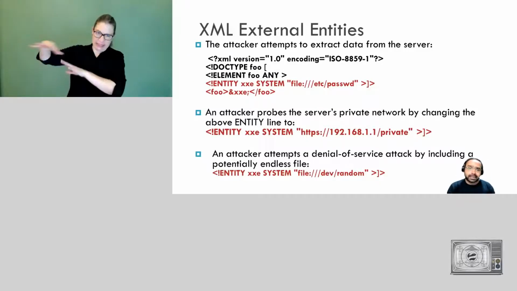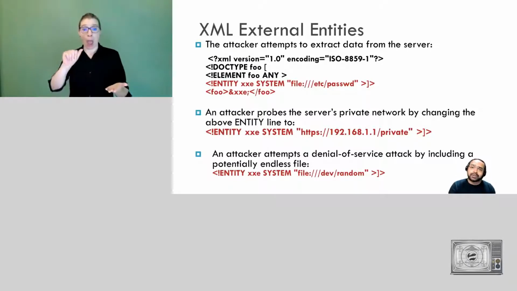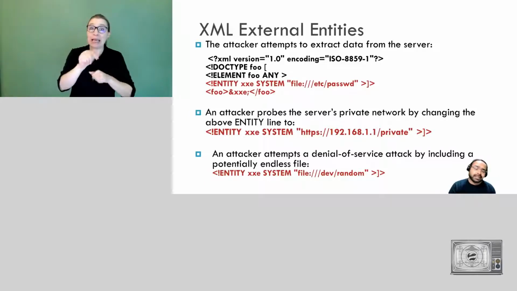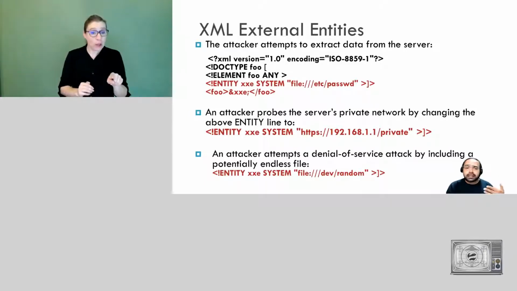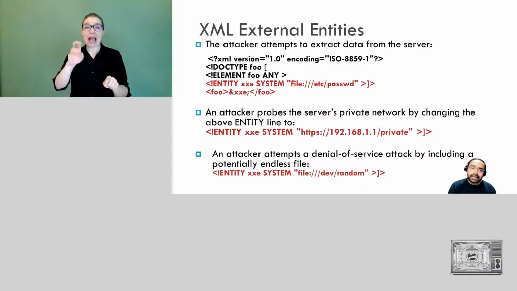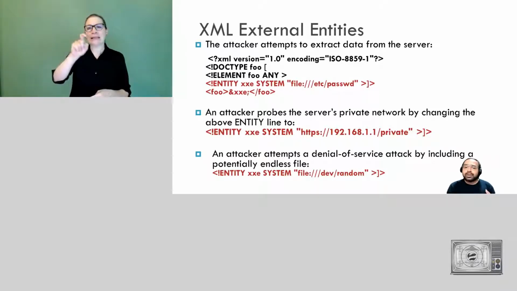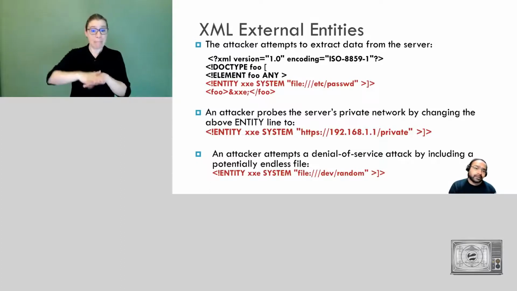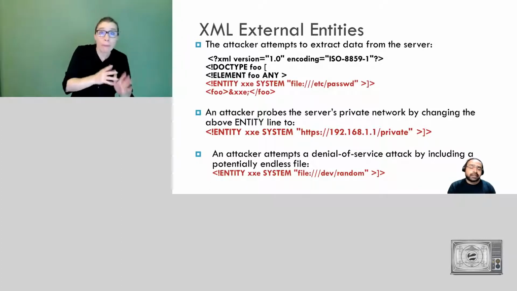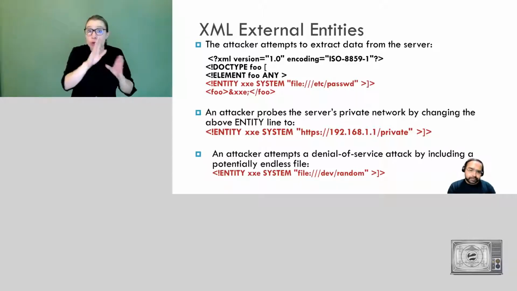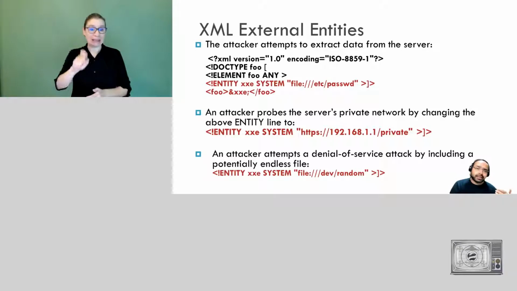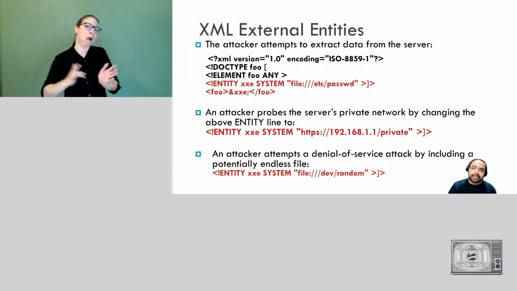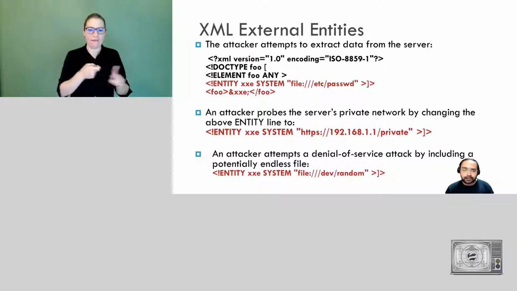So for example here, the attacker attempts to extract data from the server. In this case, the attacker is creating an entity called XXE, and he is mapping it to the /etc/passwd file. So whenever the user or the developer or whenever the end user uses this entity, that is ampersand XXE, he is gaining access or extracting the data from the /etc/passwd file.